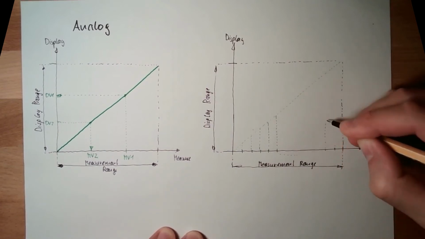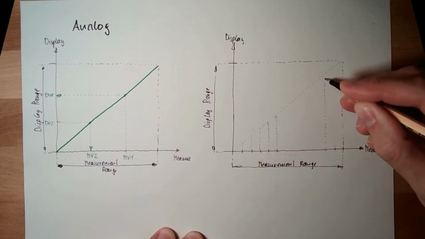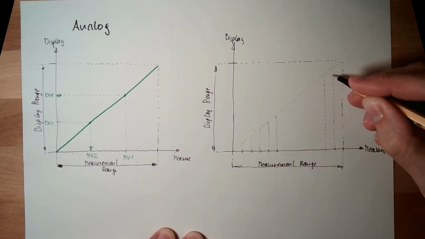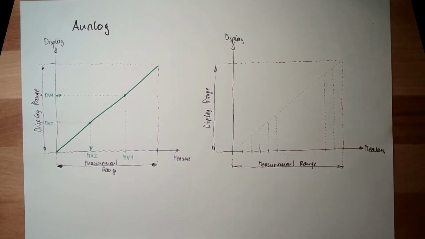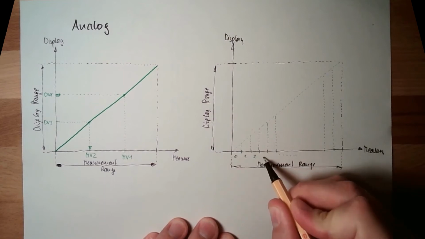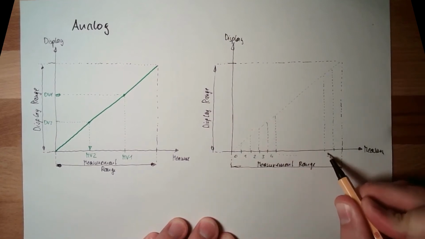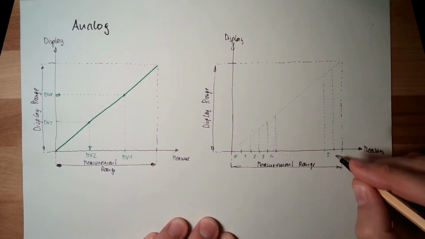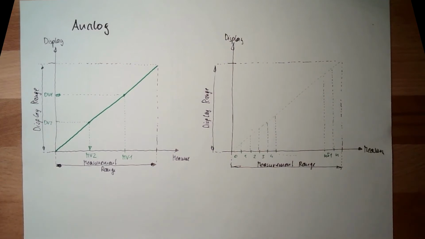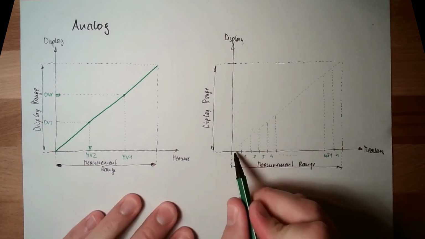How many? I can choose. I simply pick a number of sub-ranges and I number them. I give each sub-range a number, a digit. This is sub-range 0, this is 1, this is 2, this is 3, this is 4, this is 5, this is whatever, n, this is n minus 1, and so on. And this number is my displayed value.